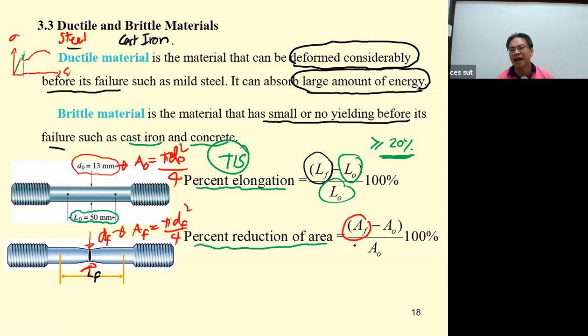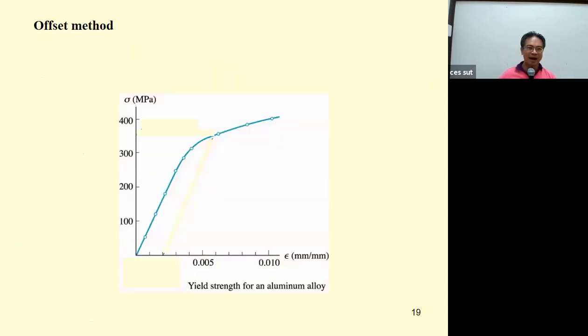So we have A sub F minus A sub O divided by A sub O. This is going to be a negative value. Okay, most of the time the percent reduction of area of steel is larger than 50%. Okay, and you can do this in the lab.